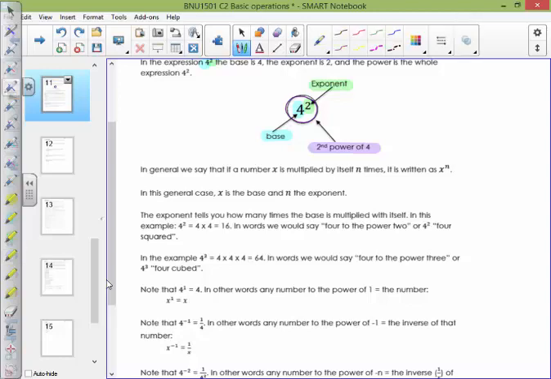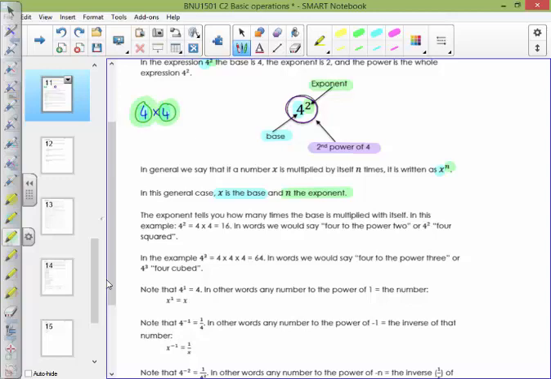So this is the number 4 multiplied with itself twice, which means there are two 4s being multiplied together. In this case, x would have been the base, n would have been your exponent. Okay, so the number is your base, and how many of them is your exponent.